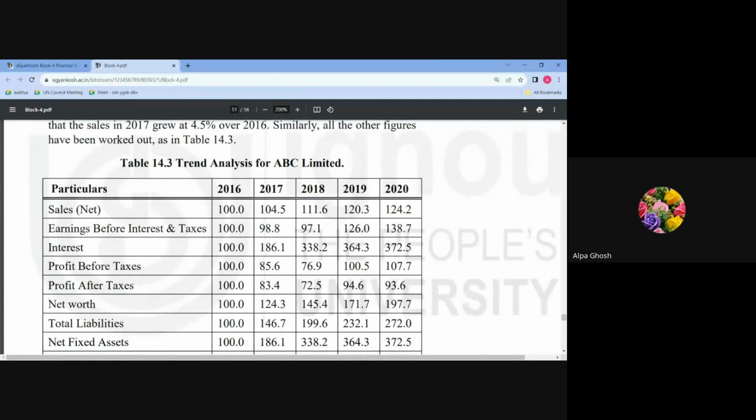In trend analysis, you see this is an example given. They have given the information related to sales, earnings, interest, profit after tax, liabilities, and so on.